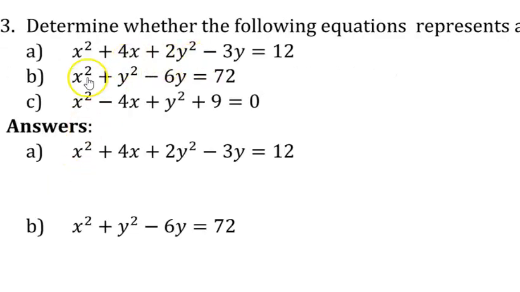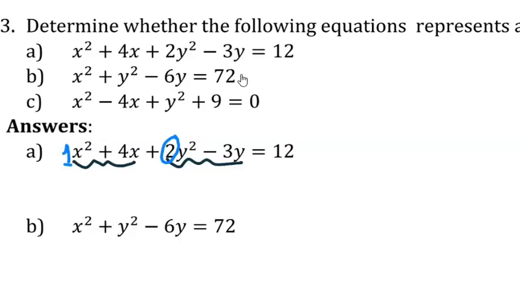In this exercise, we want to determine whether these equations represent circles. So to do that, we need to write them in standard form. So for my first equation, I can take that part and complete the square, and I can take that part and complete the square. But what I should notice is that when I look at this coefficient here, that is different to this coefficient here, which is 1.